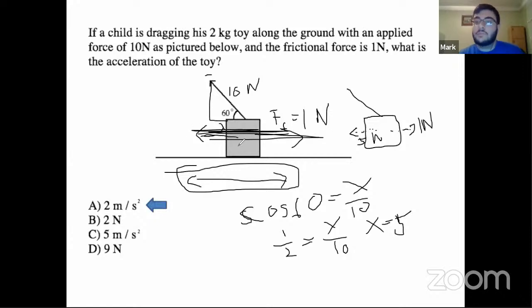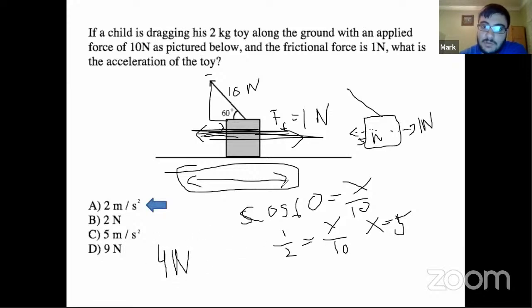Well, if it's going 5 this way and 1 this way, the result of these two together is just 4 in this way. So if you pull with 4 newtons and somebody opposes you with 1 newton, you're still in the end pulling with 4 newtons. So the total is 4 newtons.